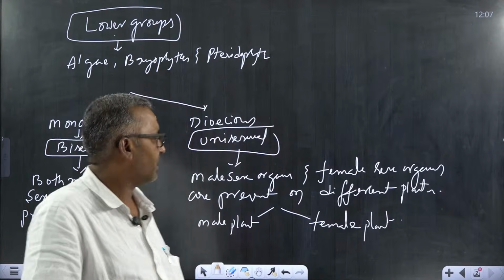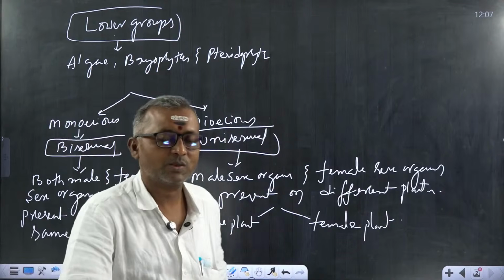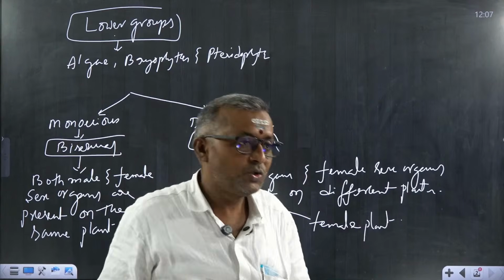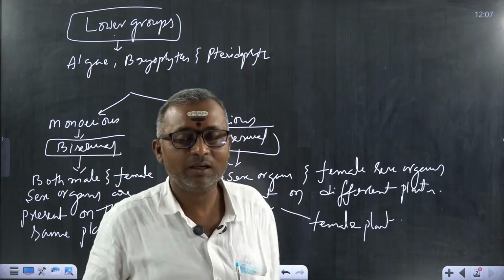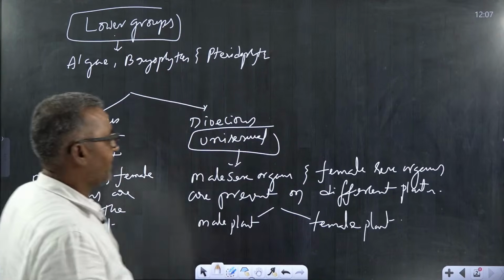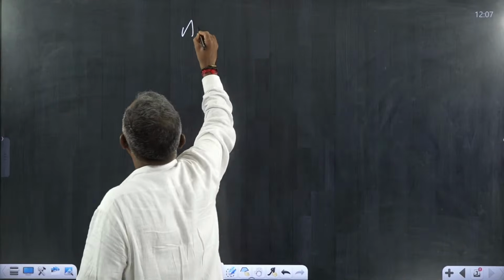And of course, even in case of gymnosperms also you can take. But in case of angiosperms, this terminology slightly differs. Listen to me carefully. Now I am saying with respect to the angiosperms.